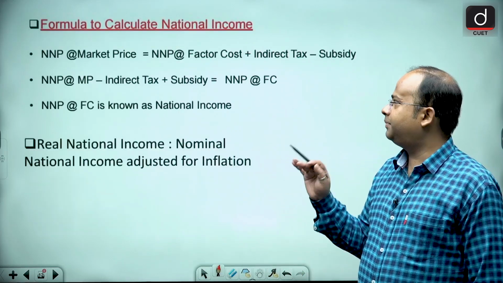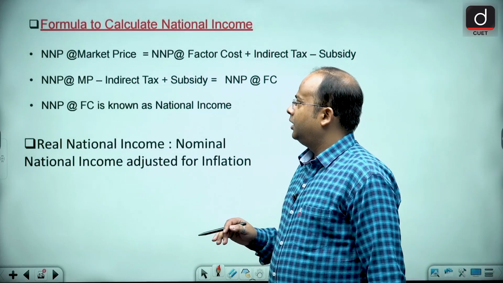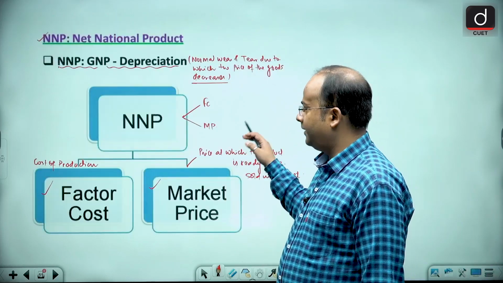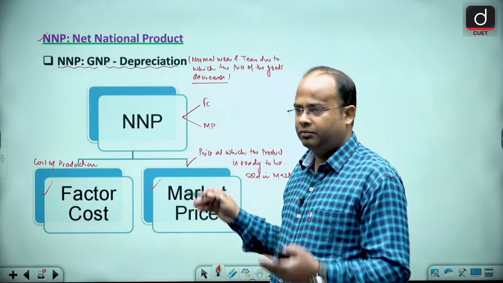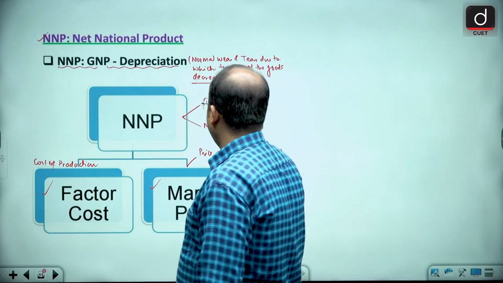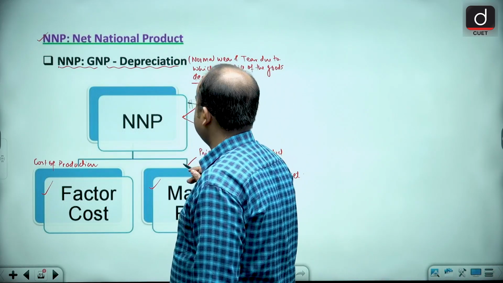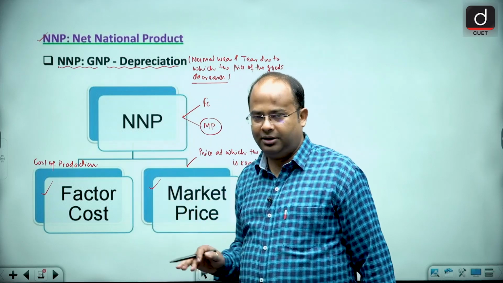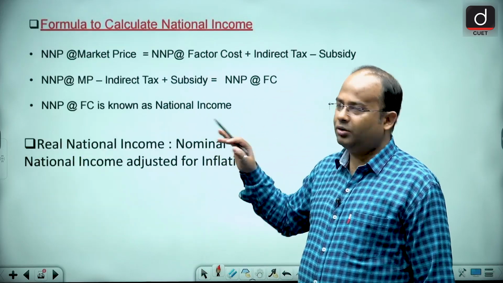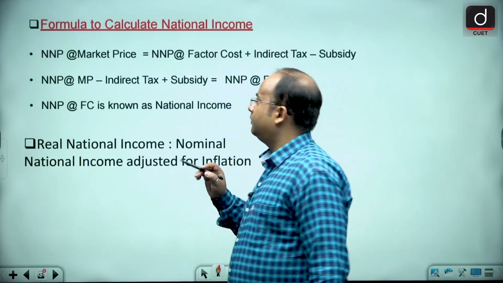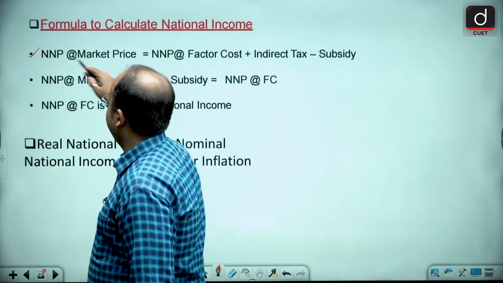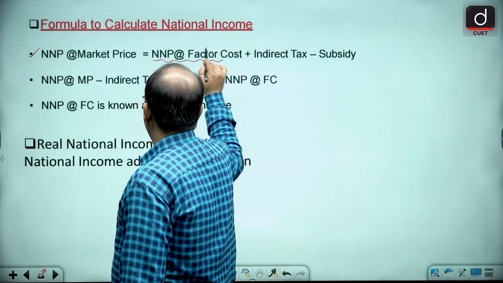Now how is NNP at FC calculated? NNP at FC, that is factor cost, is the cost of production. Now guys, MP is the price at which the product is ready to be sold in market. Now how do you calculate NNP at MP? First of all, you will calculate NNP at FC, that is factor cost, cost of production.